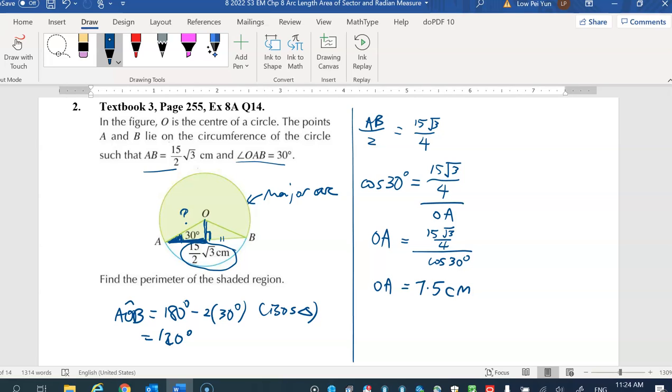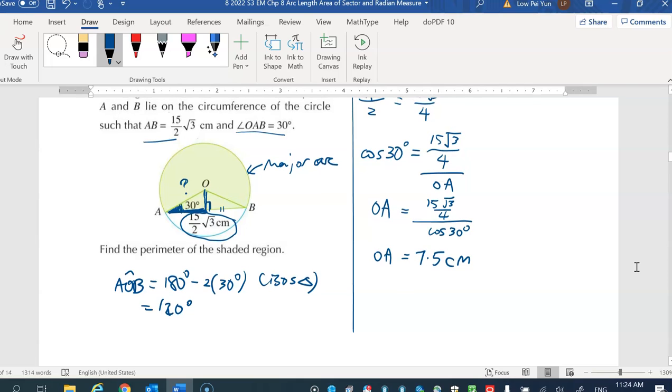We need to find the perimeter of the shaded region. Since the arc involved is the major arc, I need to find the reflex angle. This big angle that forms the major arc, reflex angle.